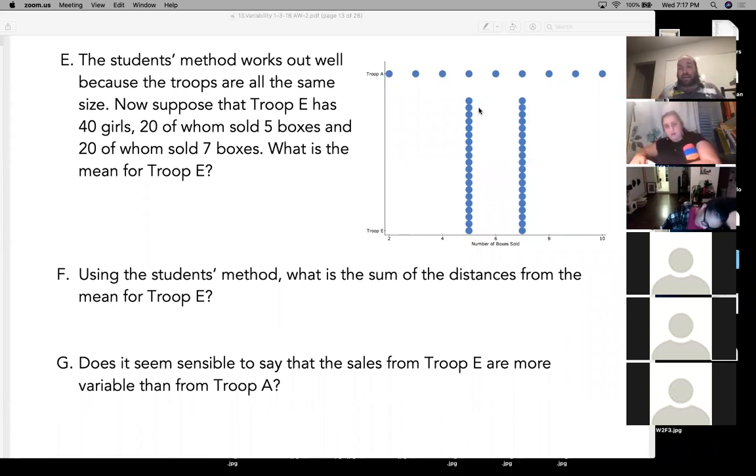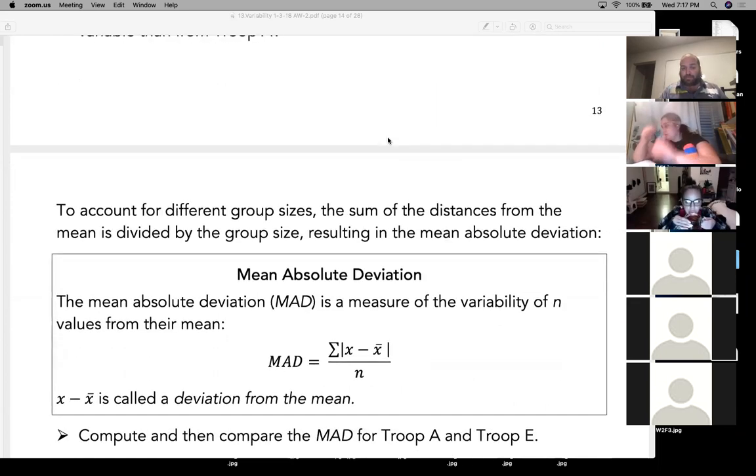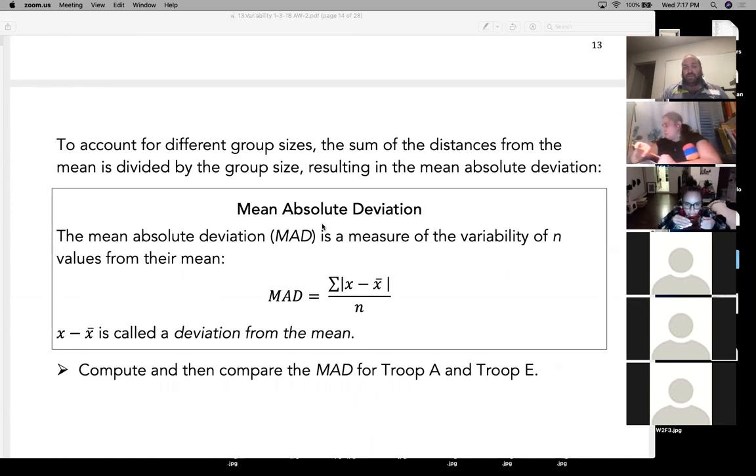And then if we divide by how many we have, which is 40, you get 40 over 40, a mean absolute deviation of 1, which is lovely, a very small number. But in general, that's not going to happen. So the mean absolute deviation is the sum of how far each one is from the mean. It's important to remember that they're all positive, because I don't care if I'm less than or greater than.